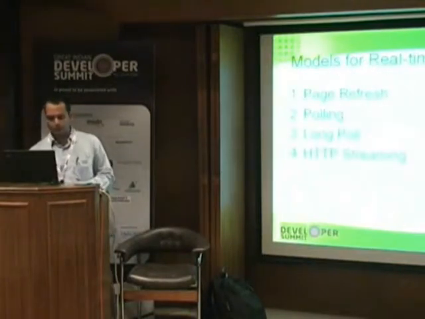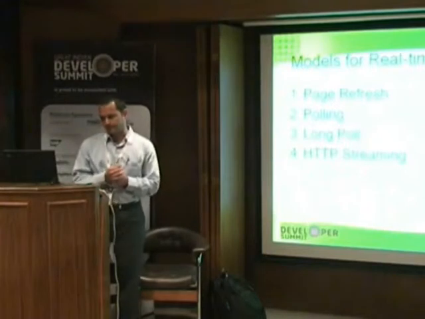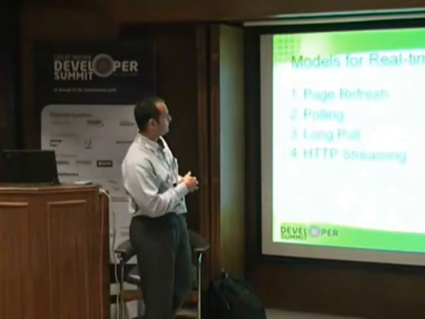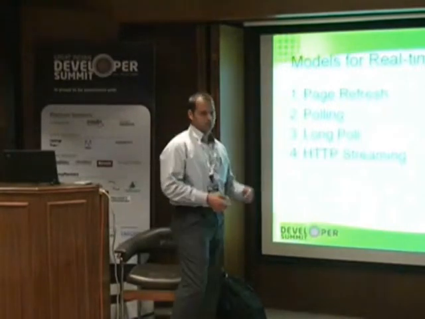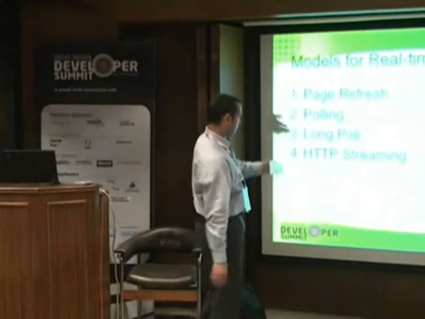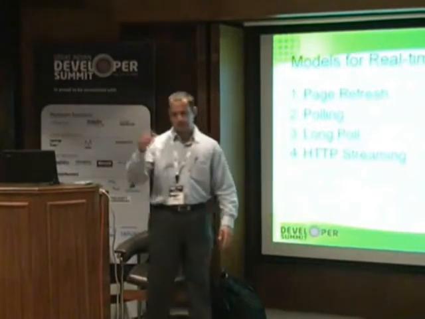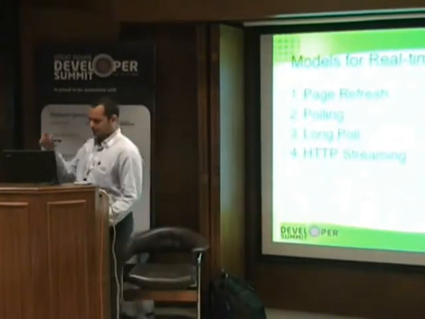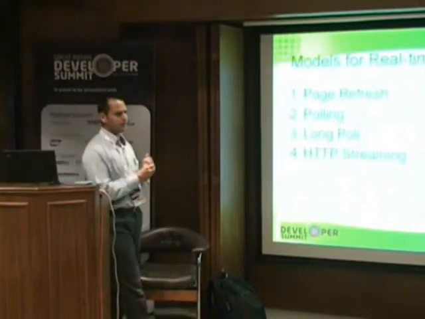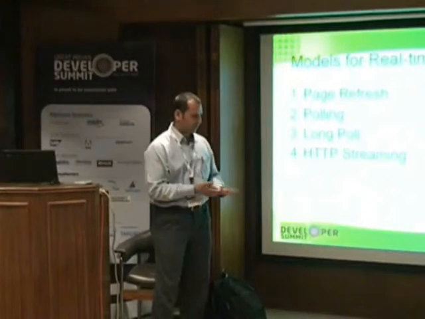So these are the 4 models which are used for real-time updates. One is the page refresh, which basically means that the user physically presses F5 or presses some kind of button to refresh the user interface. That is one option.